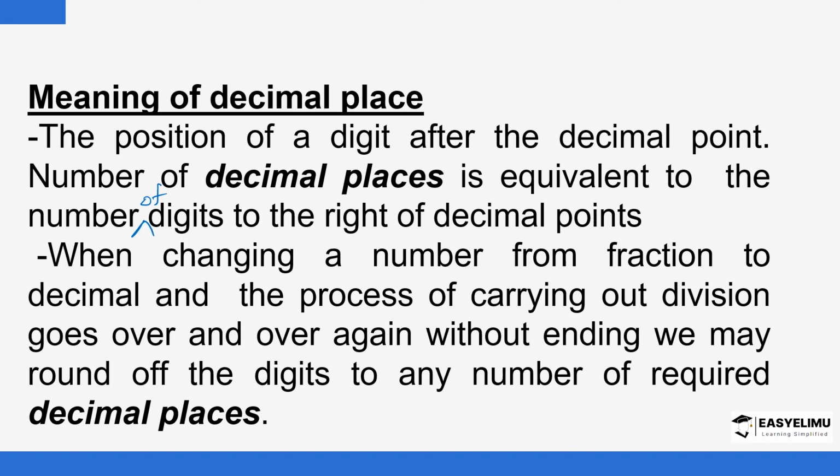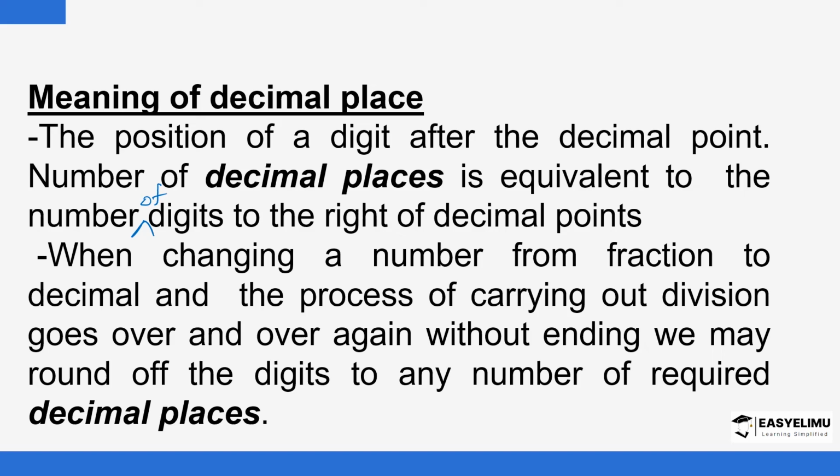So when changing a number from a fraction to a decimal, and the process of carrying out division goes over and over again without ending, we may need to restrict the working to a given number of decimal places. This is especially for non-terminating decimals.